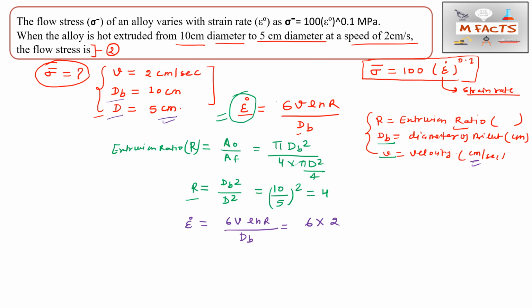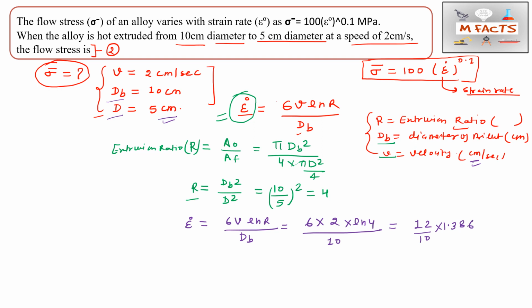So 6v, v is 2, ln R is ln 4, divided by dB, the dB value is 10 centimeter. From here we will get 12 by 10 multiplied by 1.386.